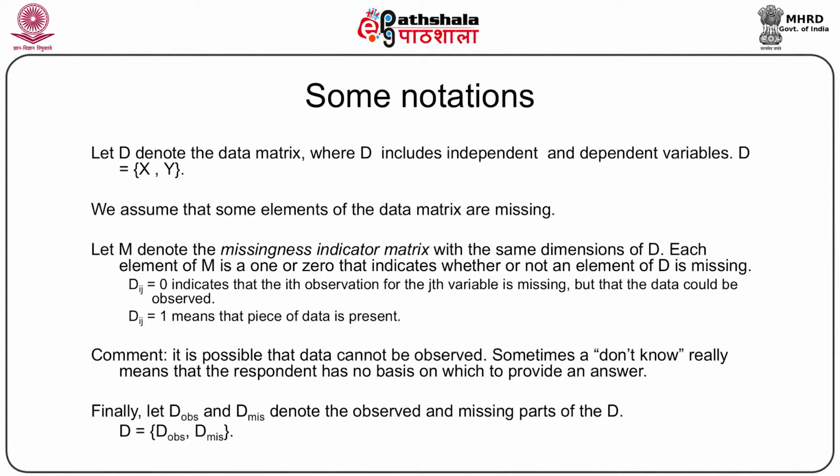Sometimes a don't know really means that the respondent has no basis on which to provide an answer. Finally, we define D_obs, that is the observed part of the data, and D_miss, that is the part of the data which is missing, to denote the observed and missing parts of the data D. So D is really together D_obs, D_miss.